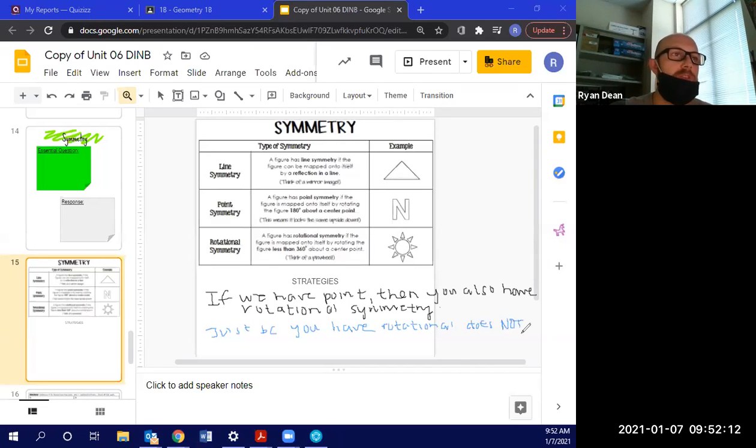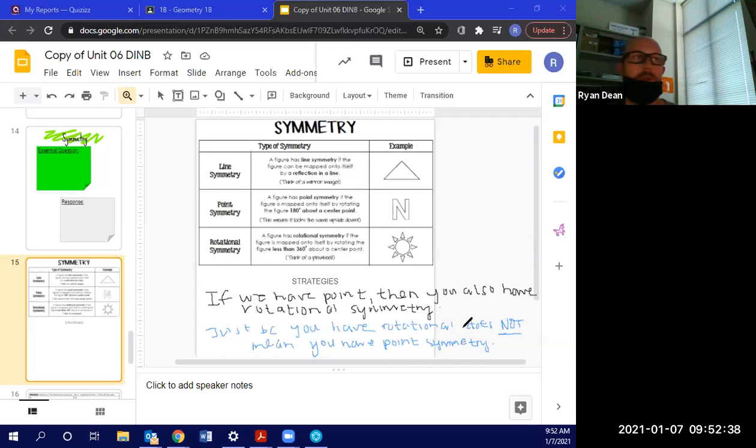Just because you have rotational does not mean that you also have point. It only goes one way.